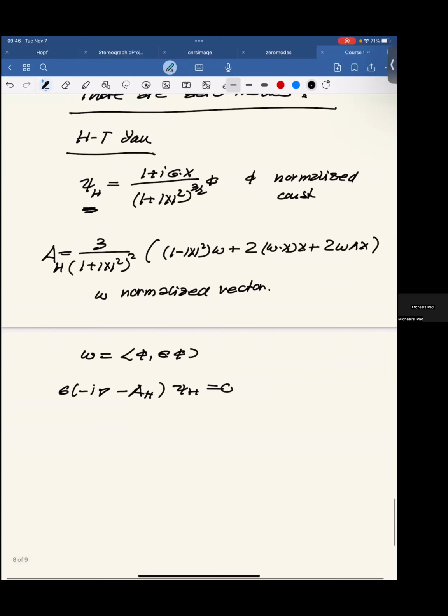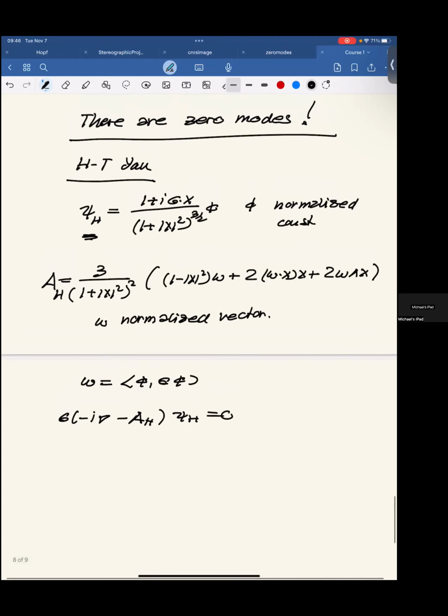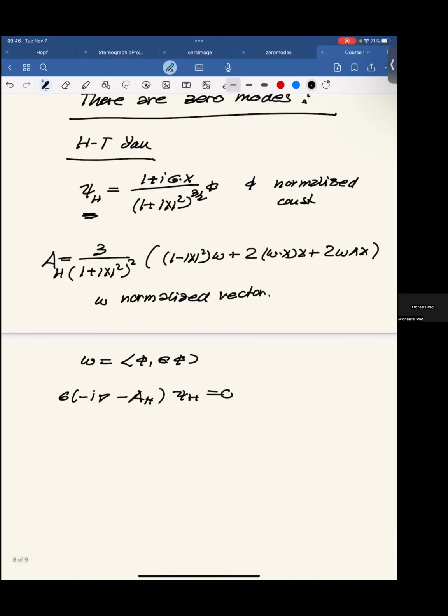And what you notice, of course, is that the A H is a very nice field, right? It decays like 1 over x squared. When you take the curl, you get a magnetic field. By the way, interesting. The magnetic field decays like 1 over x to the fourth. It's beautiful, and it's proportional to A. These are examples which are called chaotic fields, where the curl is proportional to A. So you cannot integrate that field, right?